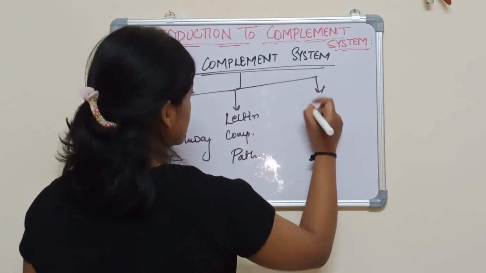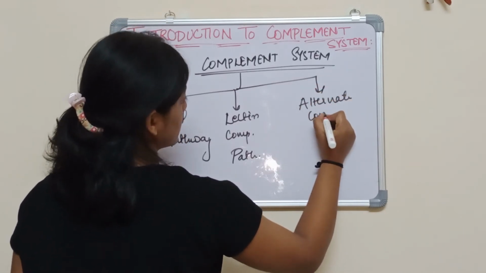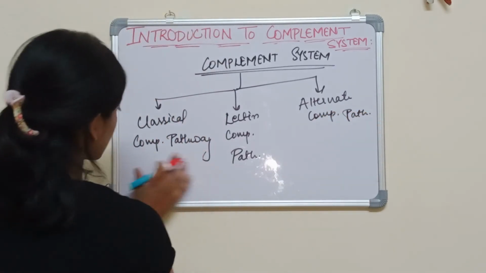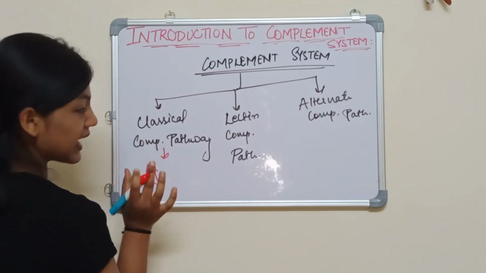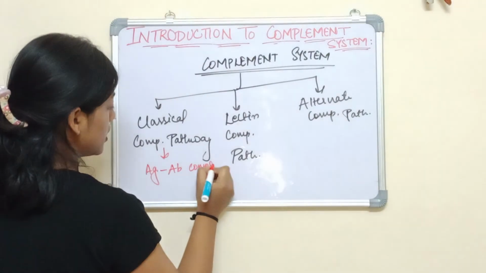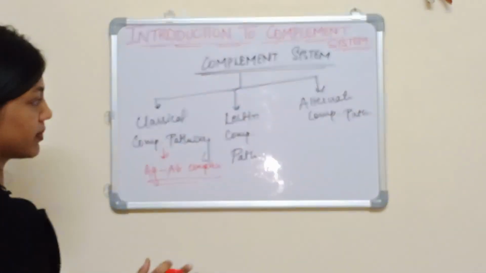The last one is the alternate complement pathway. This classical complement pathway is activated by antigen, Ag is antigen, AB is antibody, complex. So when there is an antigen antibody complex, it will activate the classical complement pathway.